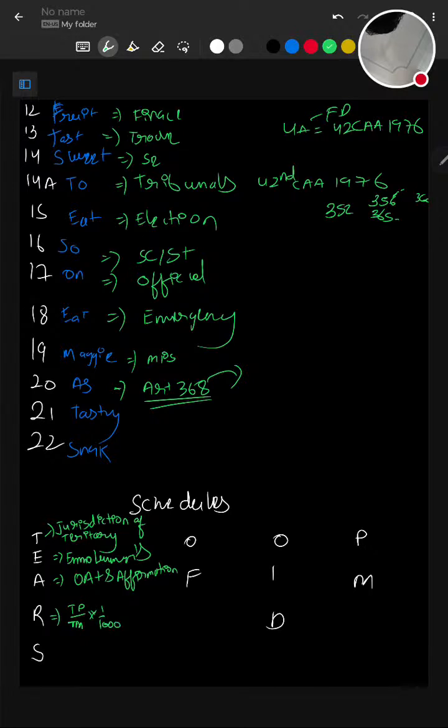So whatever comes here would be the number of seats a state can own in Rajya Sabha. Then S is your schedule type. So these are the first five in the schedules.